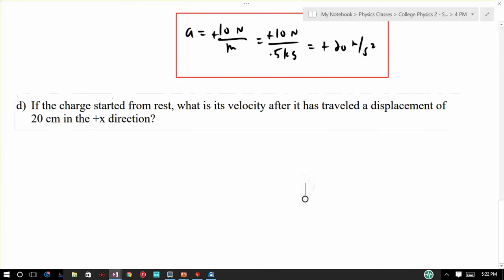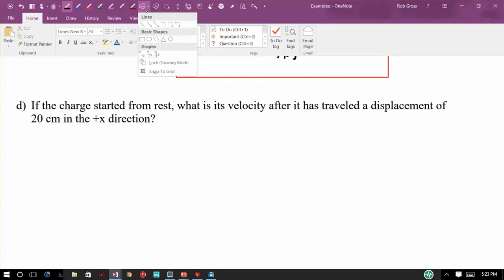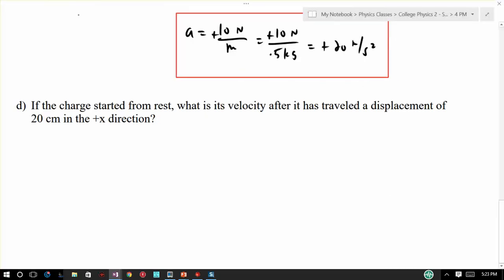All right. So for this, we're going to use a constant acceleration equation, 1D, because everything here is 1D, just in the x direction. So we have these equations from Physics 1. These will be on your equation sheet, by the way, for the first test.